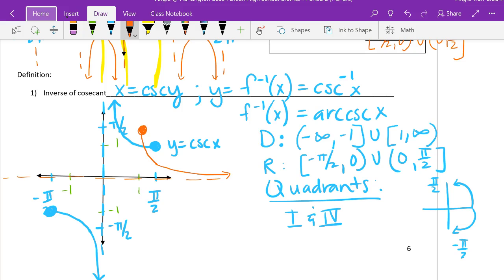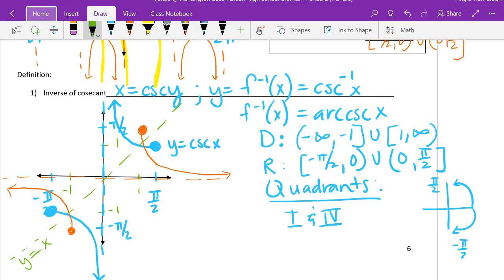What's the second dot? Negative 1, negative pi over 2. Okay. And again, go towards your asymptote. Okay. Now, if I'm really, really good, do you think this graph is symmetrical about this thing called y equals x? Yeah.